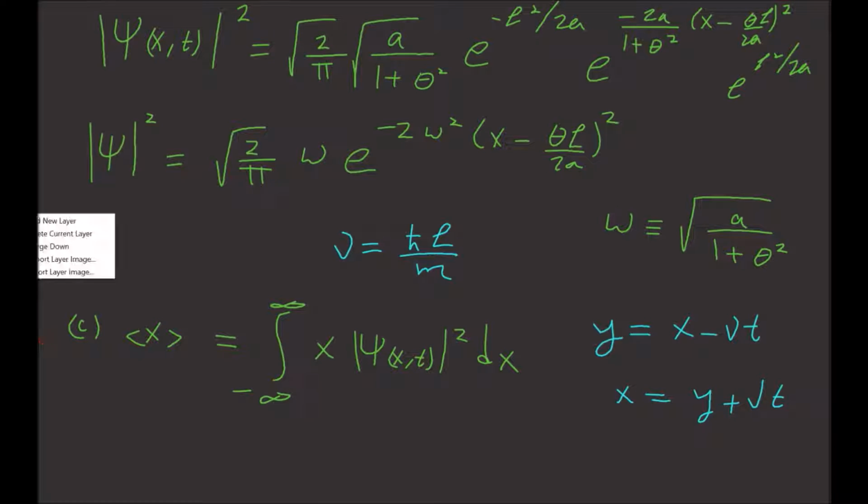Alright, so with this new variable we have our expectation value equal to the integral from negative infinity to infinity of y plus vt, that is the x, times the square root of 2 divided by pi times omega times e to the minus 2 omega square y square dy.